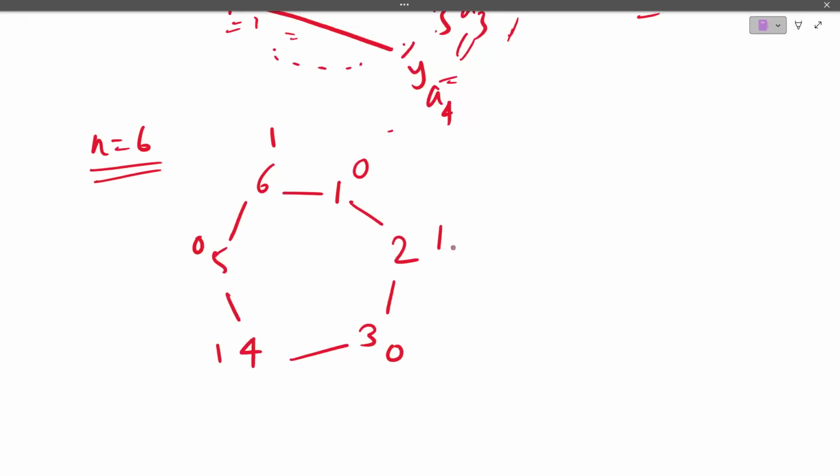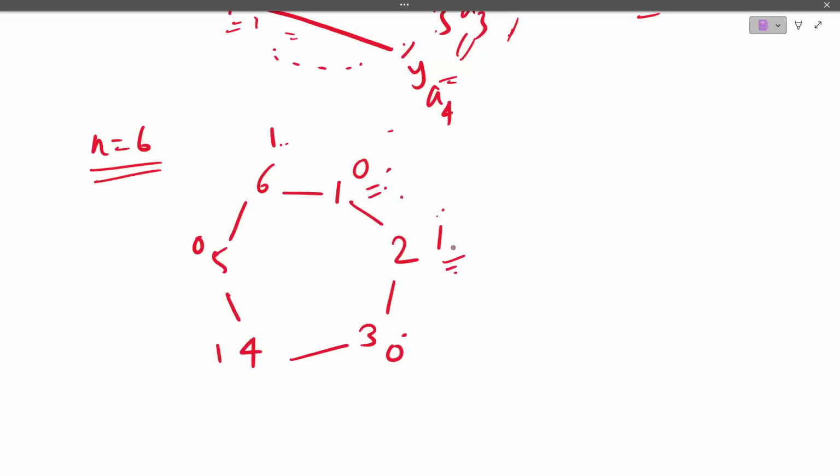Look at n equals 6, and note that such a labeling is actually valid because any zero node sees all its neighbors as one, and the mex of ones is zero itself. So this condition works. Similarly, every one node sees all its neighbors as zero, and the mex of zeros is one, right? So this condition also works.